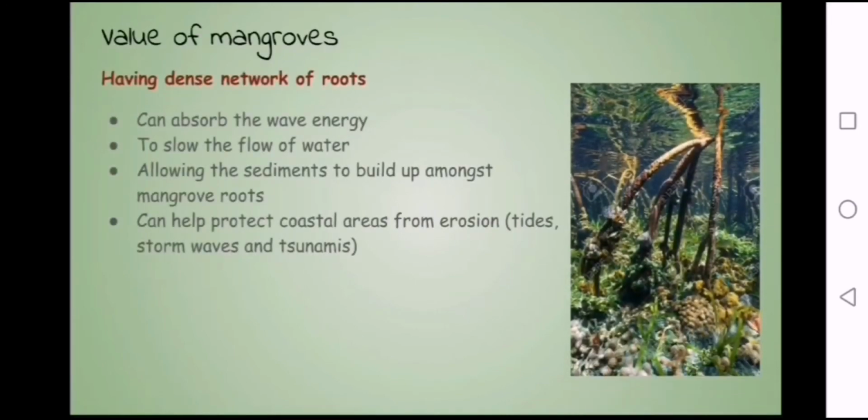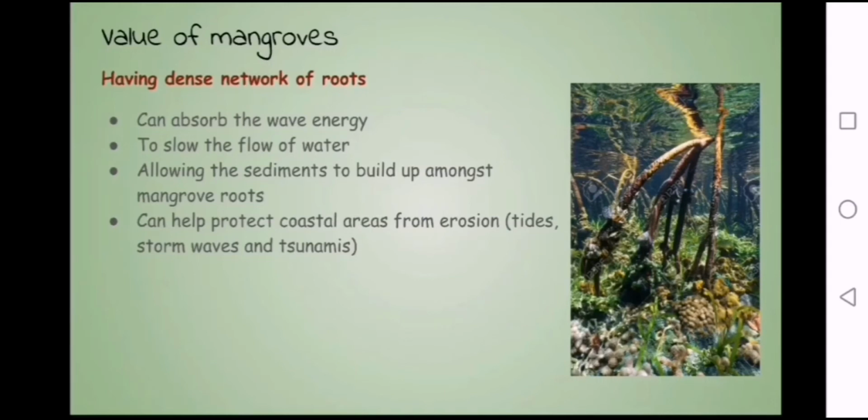Next is the value of mangroves. Mangroves can play a key role in stabilizing shorelines. Their dense network of roots can absorb the energy of waves, thus slowing the flow of water.